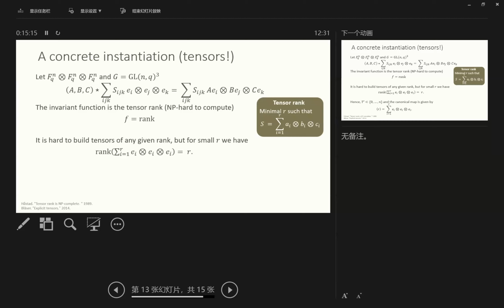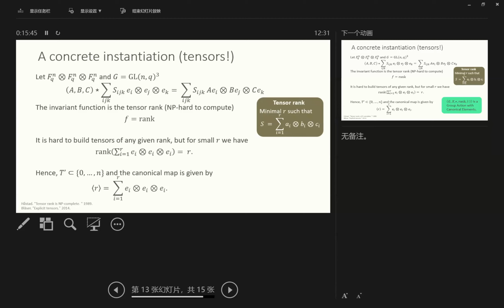However, it is hard to build tensors of a given rank. But fortunately, for small ranks, we have that the rank of the tensor given by the sum of certain rank 1 tensors from canonical elements of the basis of the space is R. So if we take T prime as a subset of the set, the canonical map is given by this one.